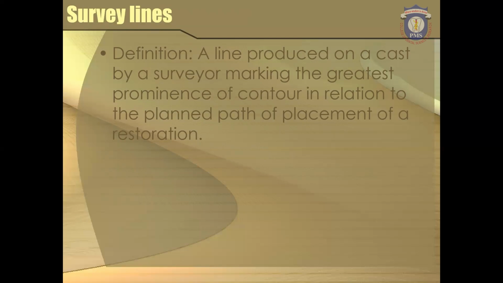We need to identify the greatest prominence of contour. Why? Beneath that will be the retentive area. So by identifying the prominence, we can indirectly get the undercut areas, or we can indirectly find out which retentive aid can be used for a particular condition.